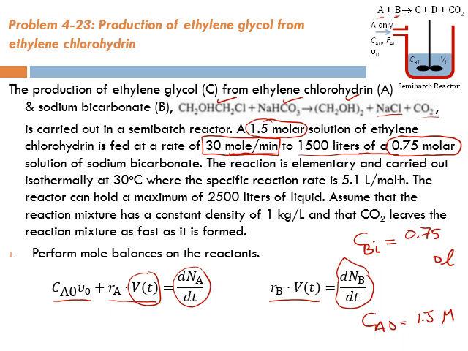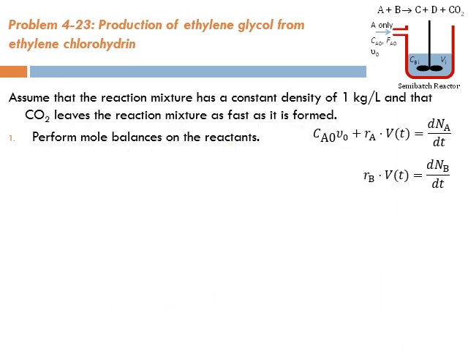So we said V is variable. Remember, guys, the logic says after writing the mole balance, if you introduce a variable, you have to provide an equation for it. So we have to provide an equation for V. Right. So where do you get the equation for V? Yes, absolutely. We have the mass balance, correct?